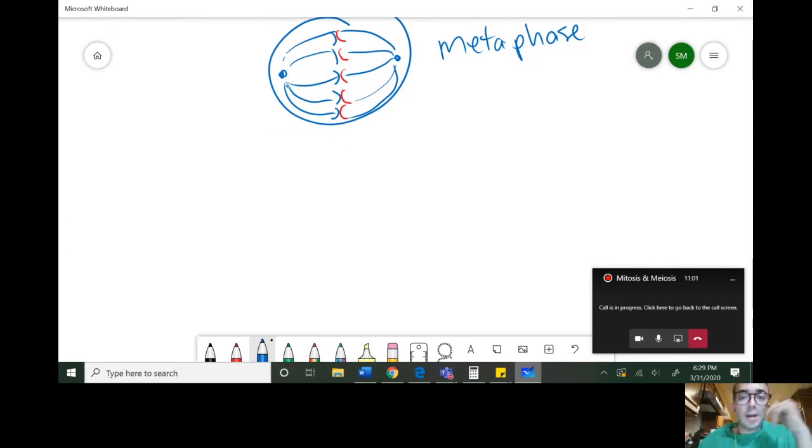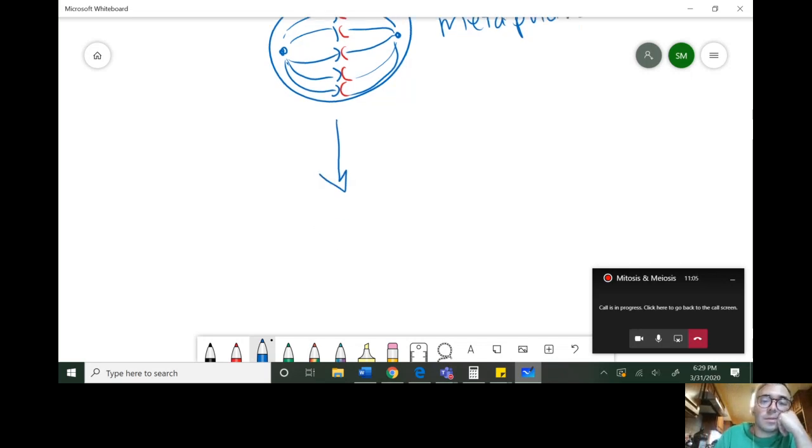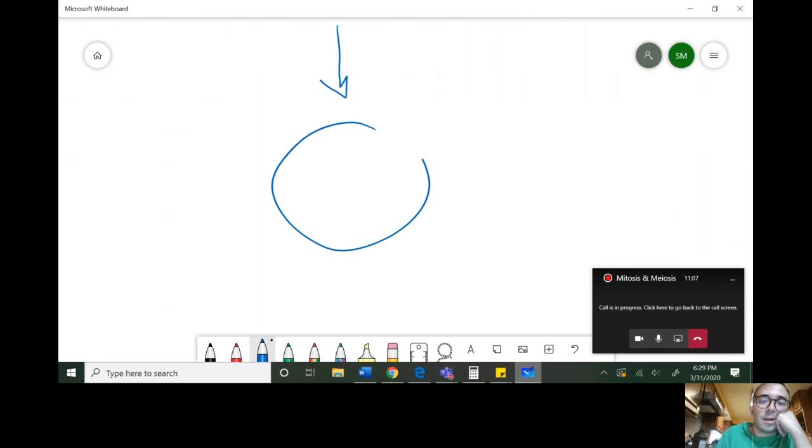Our next phase is anaphase. So things are lining up in metaphase. Anaphase, we said, was pulling them apart, right? I know that I'm not being consistent with my drawings, but that's okay, because these are just examples.